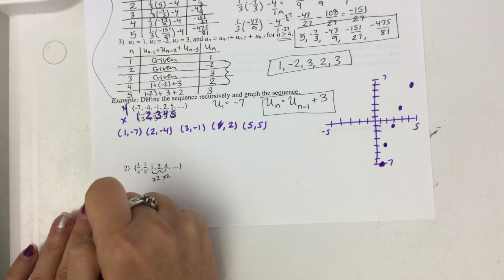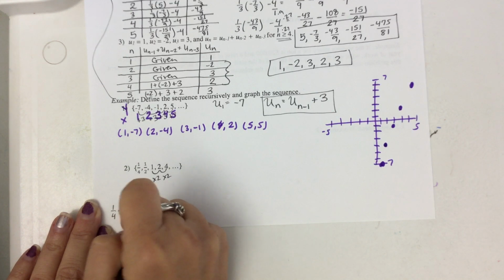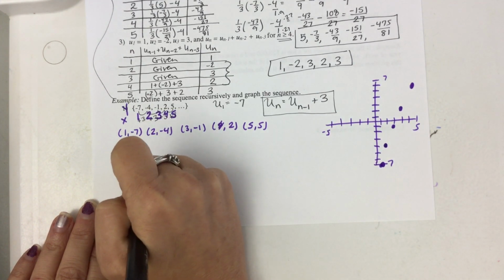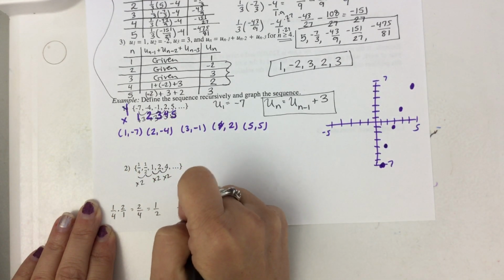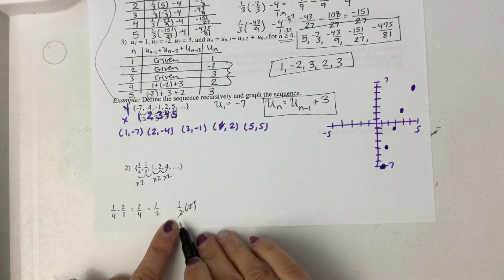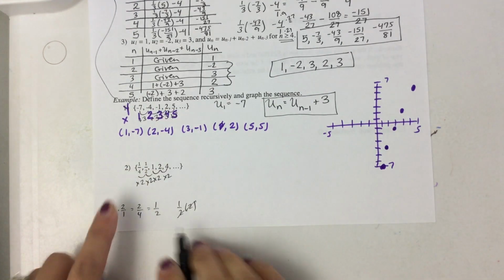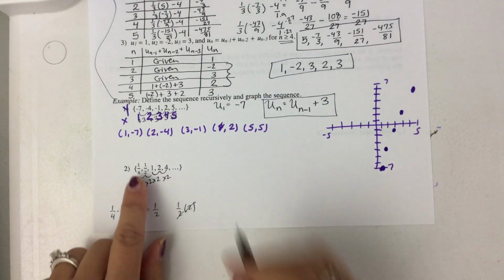If I take 1/4 times 2, top times top, bottom times bottom, it would be 2/4, which, hey, look at that. It is 1/2. 1/2 times 2. Remember, anytime you multiply by a denominator, the denominator cancels, leaving you a 1. So this time our pattern is to get from one number to the next, you always multiply by 2.